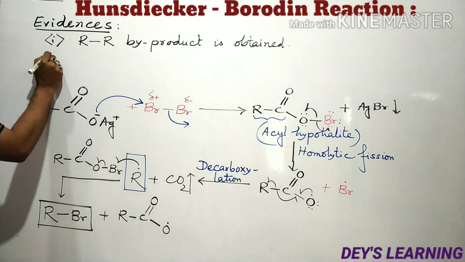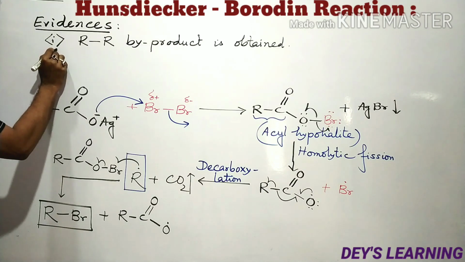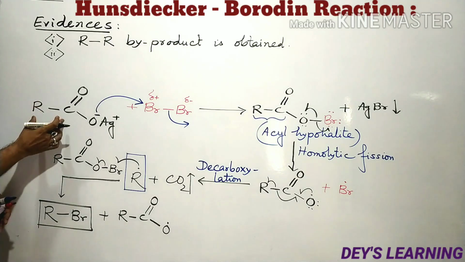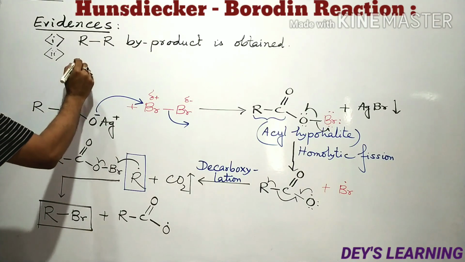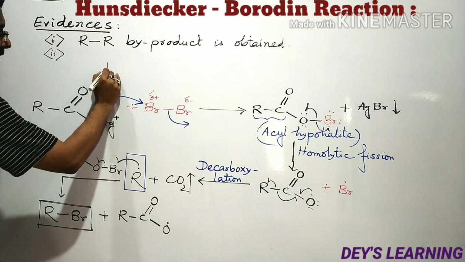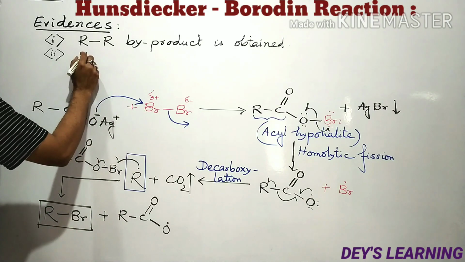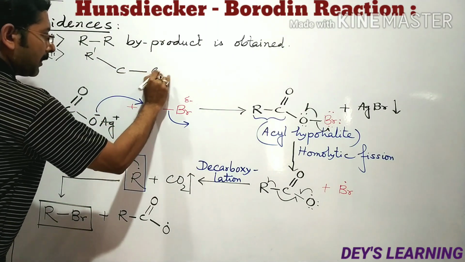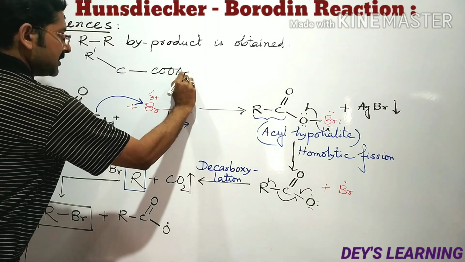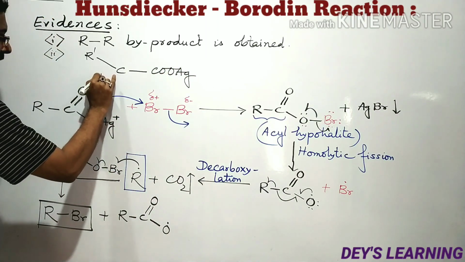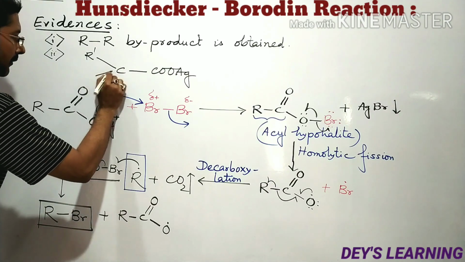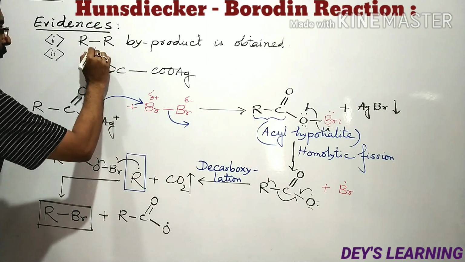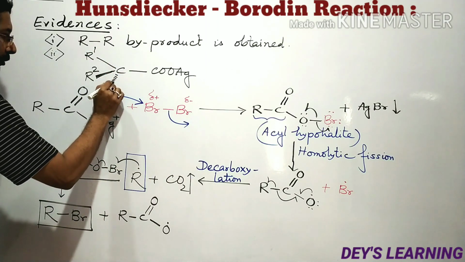Next one is, if we take a chiral carboxylic acid molecule like this one, say R1 COOAg, and this one is R2 and this one is R3.